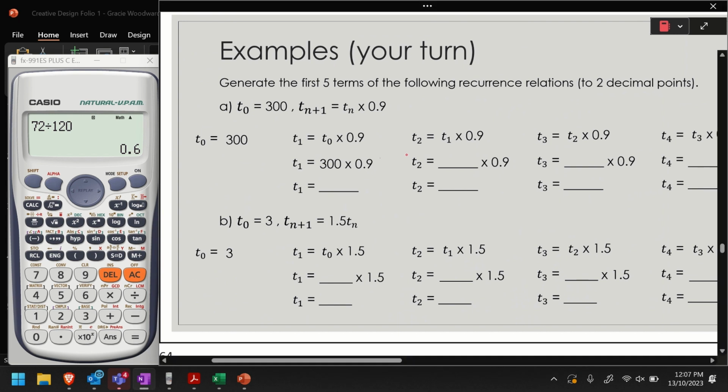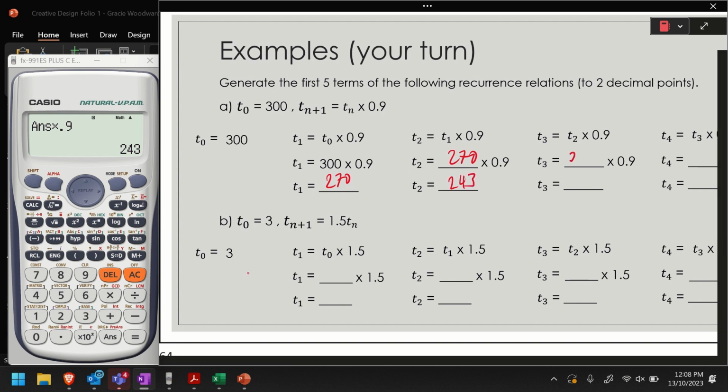Attila tells me that for this first one, well, let's do it together first. It's going to be 300. And again, you could use your calculator to do this quickly. Just enter 300, and then equals, and then times. What's the common ratio? 0.9. Its first number should be 270. Second number, you're going to go 270 times 0.9, should be 243.